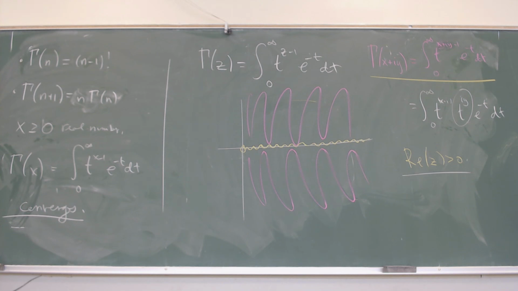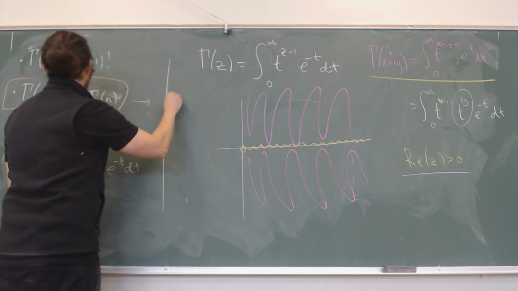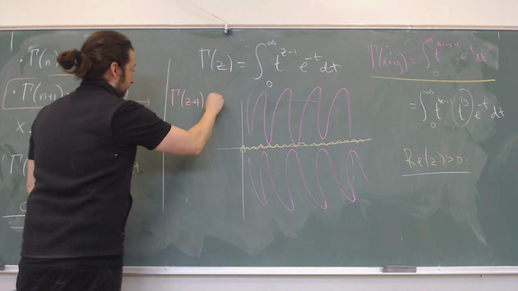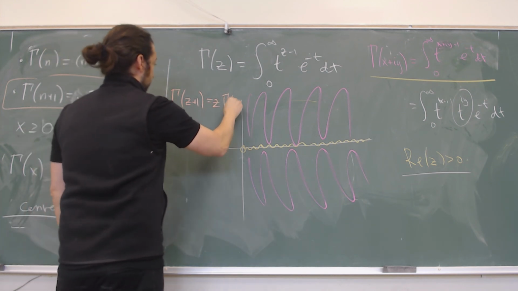The other observation is that this equation right here relates the fact that the behavior on integers extends to complex numbers as well. There's a functional version of this equation. If you trace through the argument using integration by parts, you don't get an inductive stack back down to some starting point. But integration by parts will actually give you that gamma of z plus 1 is equal to z times gamma of z.